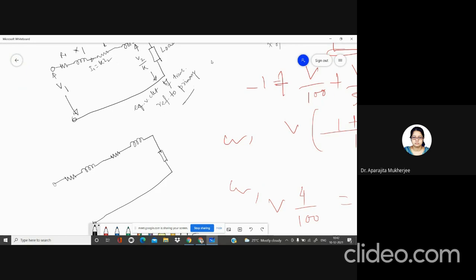So if it is referred to secondary, that means we have to adjust our primary values according to that, and there we have already found out my primary side winding value will be, okay, just a minute.